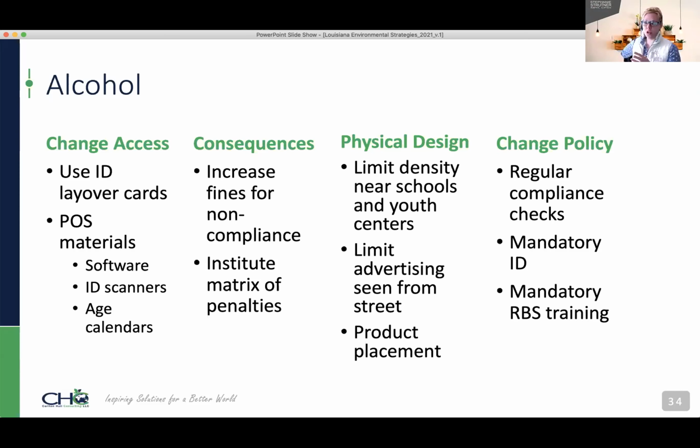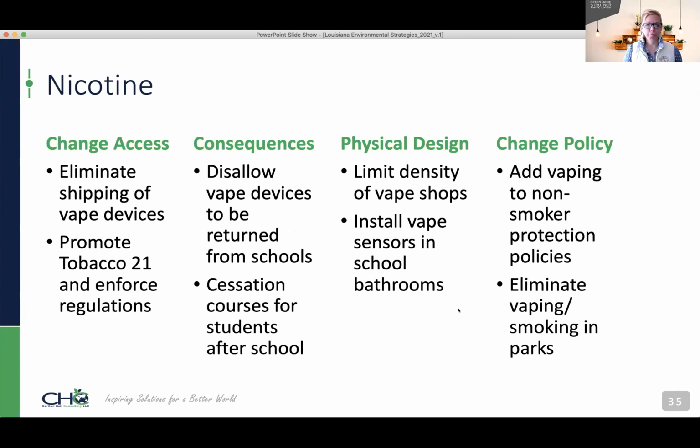So if we have a long stretch of bars and restaurants or convenience stores, limiting the advertising that people could see from the street unless they walk inside that building. We mentioned product placement earlier today and regular compliance checks. Communities passing mandatory ID checks, even regardless of someone's age, even if somebody is 75 years old, having mandatory ID checks, mandatory responsible beverage server training.